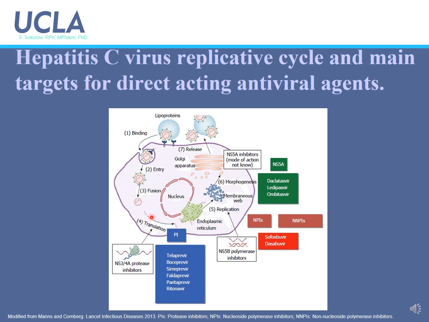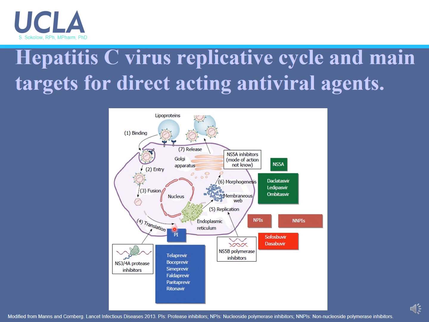After that it releases its genetic material that will try to be incorporated in the host cell. And this translation is mediated by the NS3/4A protease, and this step is inhibited by the NS3/4A protease inhibitors, such as boceprevir, telaprevir. So you see they all have the previr in their ending.